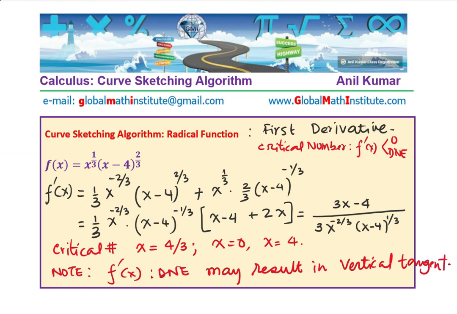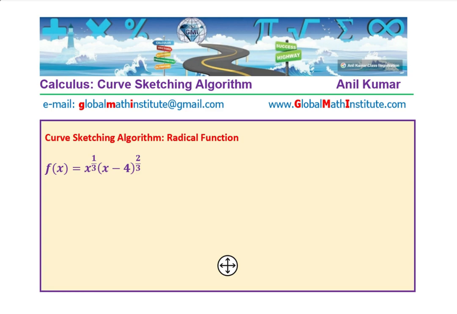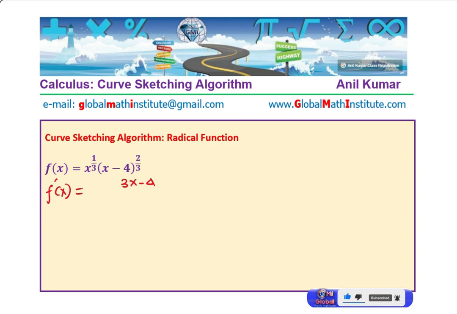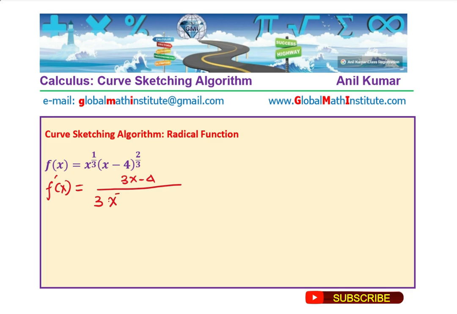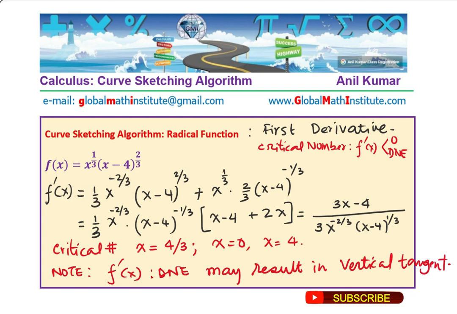So let me go to the next page so that we can analyze these points. The first derivative which we got was 3x − 4 in the numerator, and then we had 3 times x^(2/3) and (x − 4)^(1/3) in the denominator. Well, that becomes plus, right?